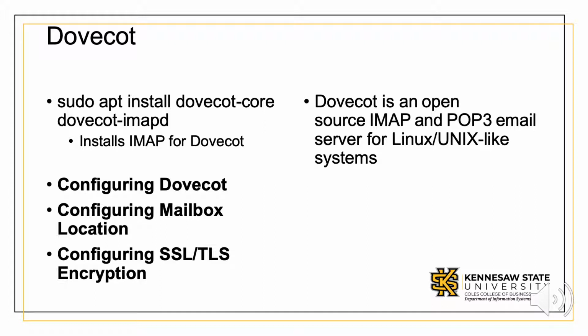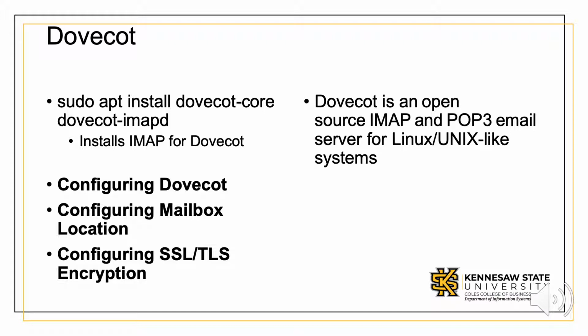Dovecot also runs off port 995 and is an application on Linux, which is an open source IMAP and POP3 email server for Linux and Unix-like systems. Dovecot is just how people choose to use the IMAP service. There are more services that you can use, but we're focused on Dovecot.